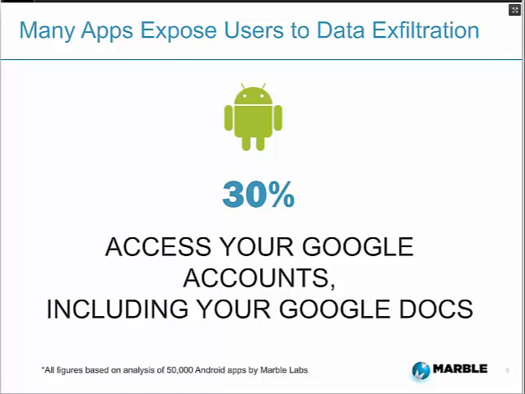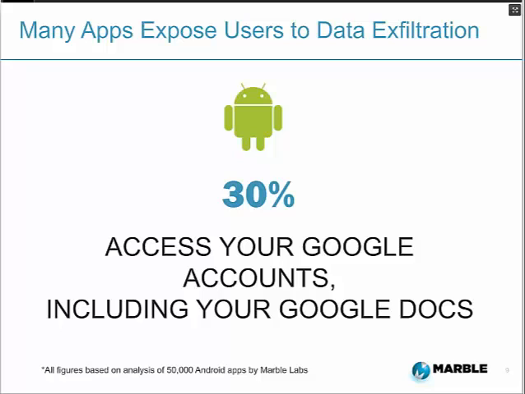Many apps expose your users to what I call data exfiltration, but basically getting data off the devices or out of online accounts that you and your employees may be using for collaboration. For example, a full 30% of apps are accessing Google accounts, which includes your Google Docs.